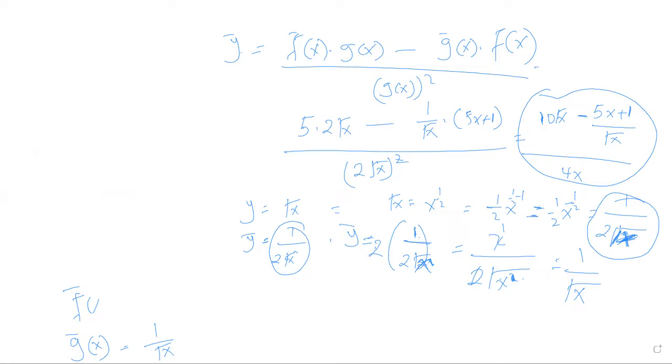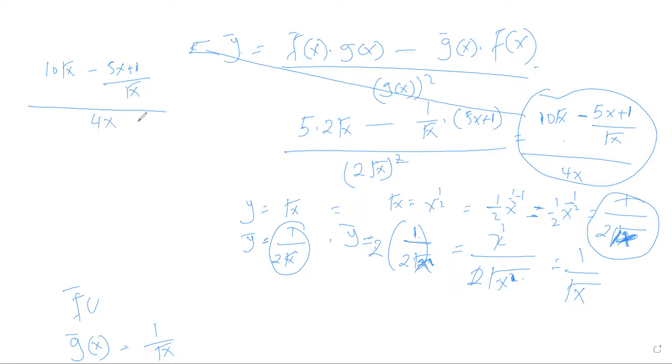Now, this one I'm going to write on this side. So there will be 10 root of x minus 5x plus 1 divided by root x, divided by 4x.